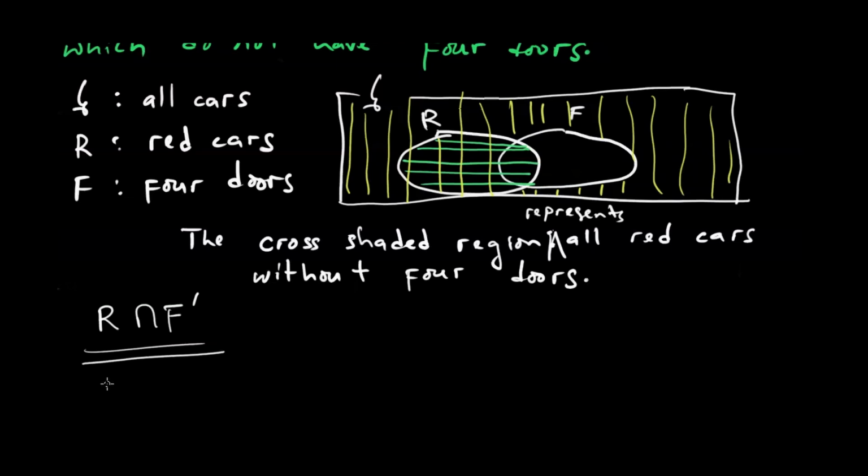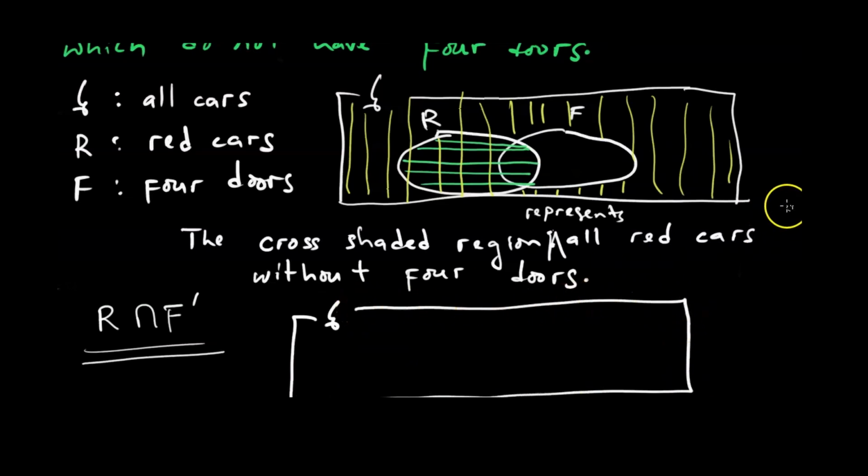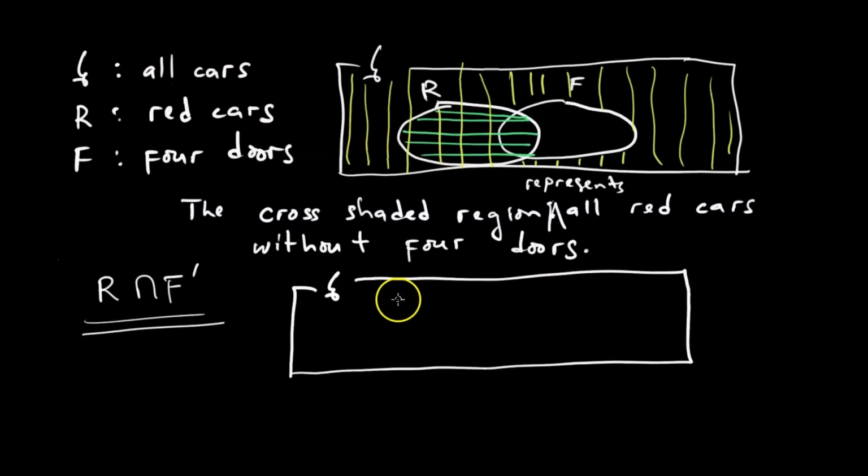Before I explain further what was happening here, let me introduce you to my second method. I will draw it again so that it is clearer. So we have R, we have F. Let us shade the region of red cars but without 4 doors.